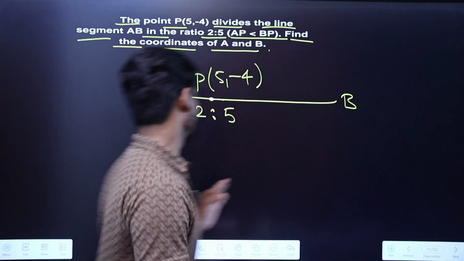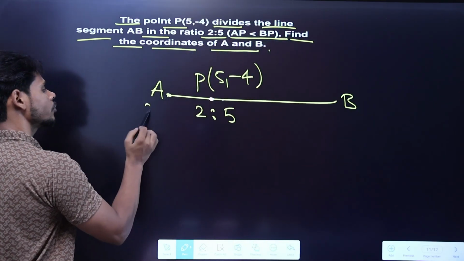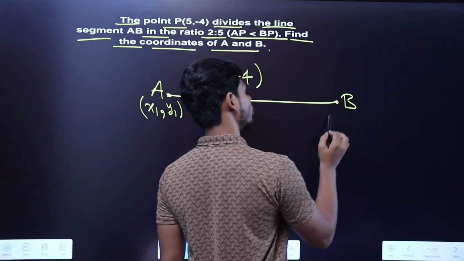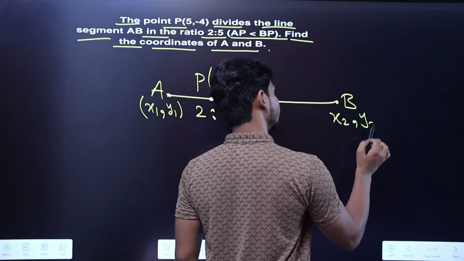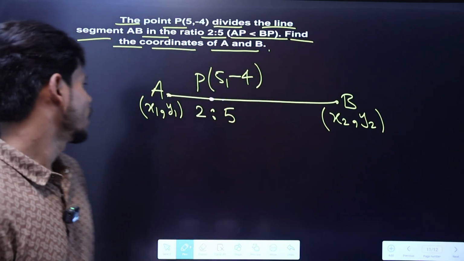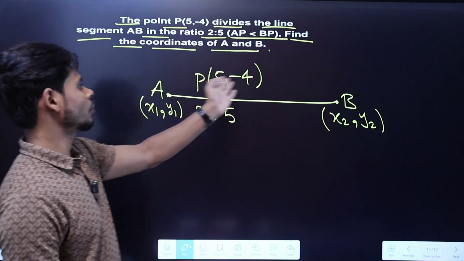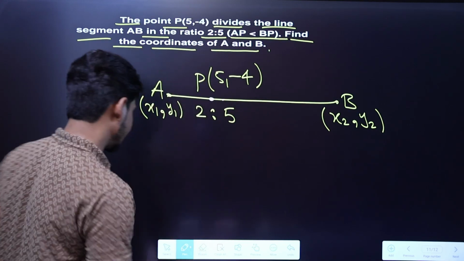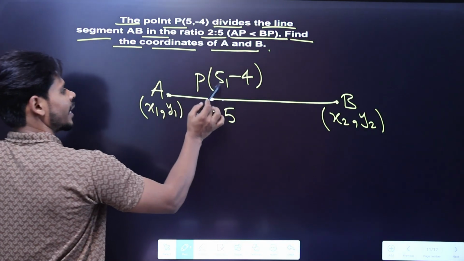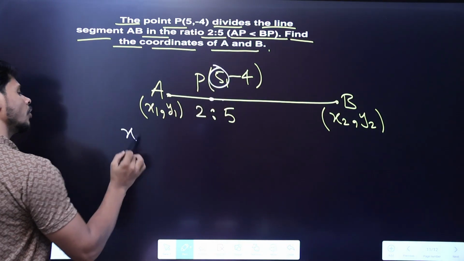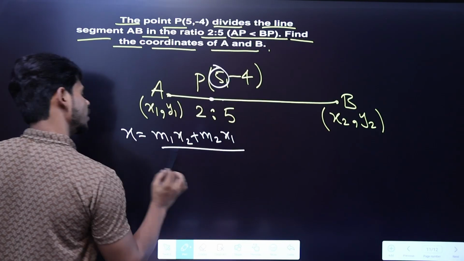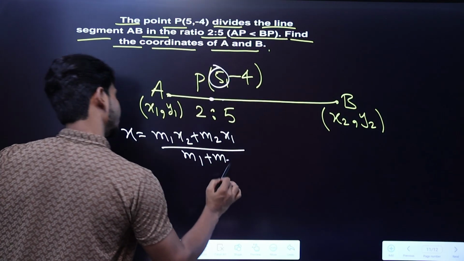Very important question. So this is your x1, y1 and this is your x2, y2. This time we need to find these coordinates. Fine. Now we already know the ratio. So let's apply the formula for x. It will be (m1 x2 + m2 x1) divided by (m1 + m2), right?